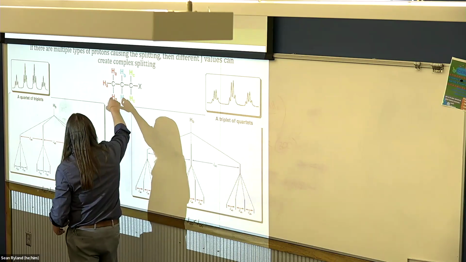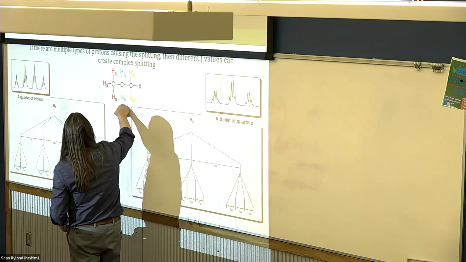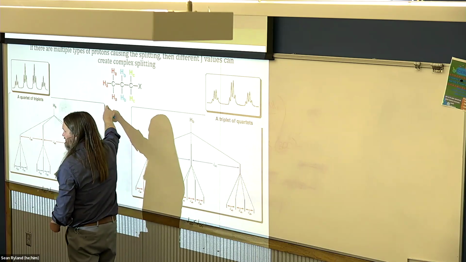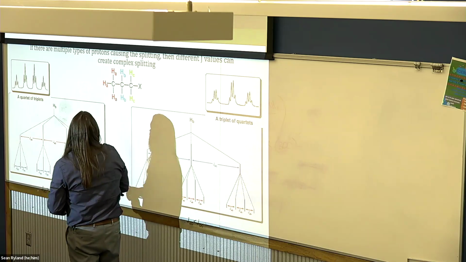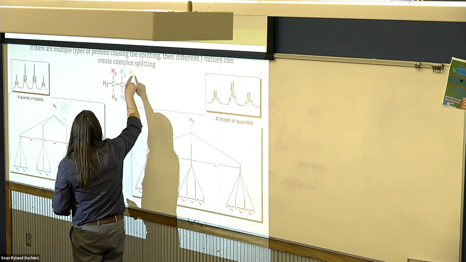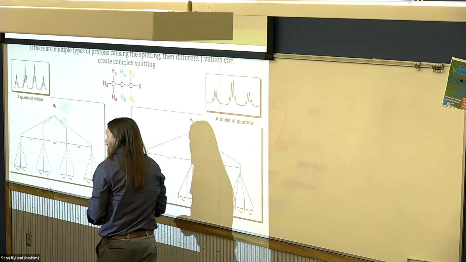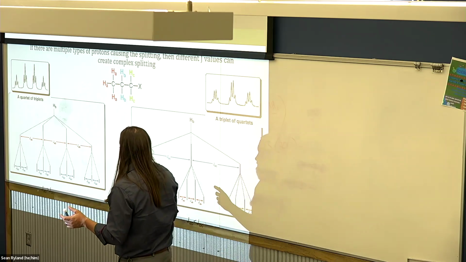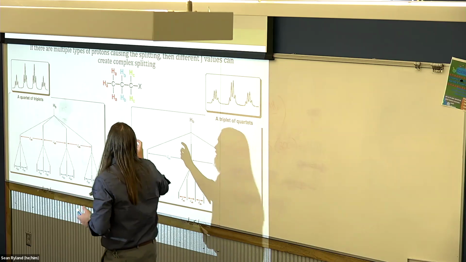And here's a good example. Complex splitting can happen anytime we've got two different sets of protons causing splitting. So for the blue signal here, it has 5 nearest neighbors. If they were all the same energy, we would expect that to turn into a sextet.